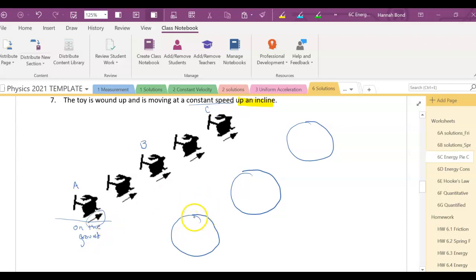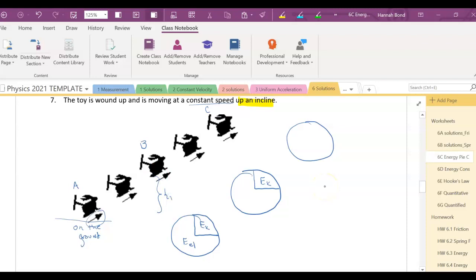So I'm going to just choose a size of the piece of the pie to be kinetic, and then the rest of this is elastic potential energy. At position B, it's still moving at the same speed, so the kinetic energy is the same. But now there is height, right?